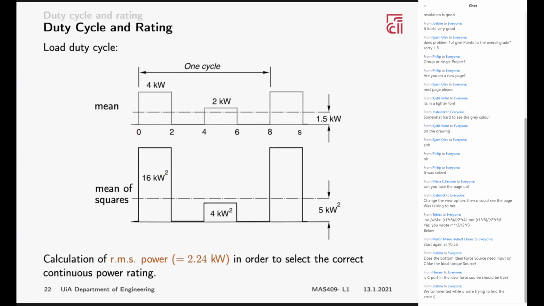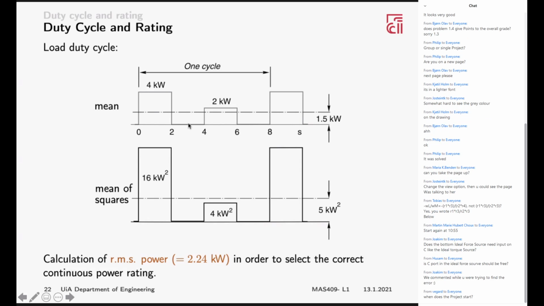I had this last slide that will also be useful in the project or in the last lecture, lecture 9, on how to find the mean power that is needed when we have a duty cycle which is not continuous. Here we have 4 kilowatts for 2 seconds, then nothing, then 2 kilowatts, then nothing, and then it repeats.